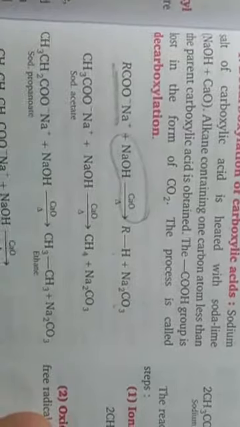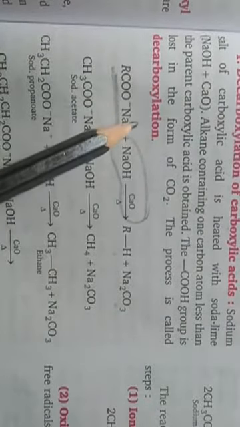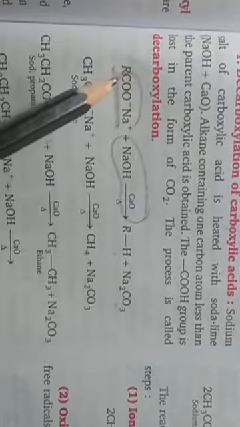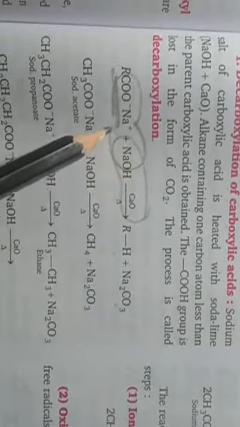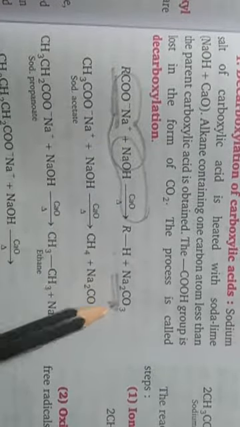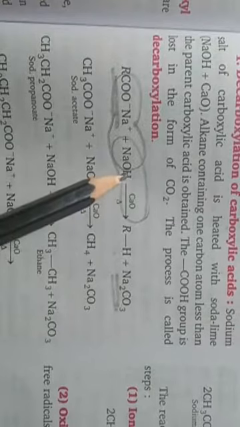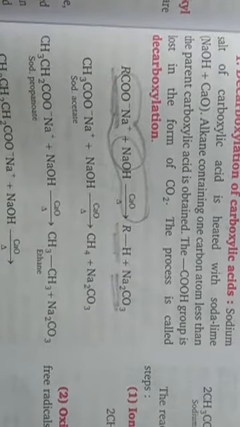As you can see in this reaction, this portion is joined with this portion. So this whole will be converted into sodium carbonate, and this H is joining to R, forming the related alkane.